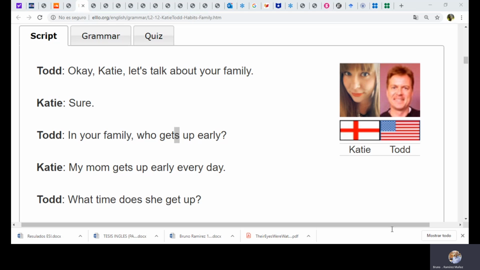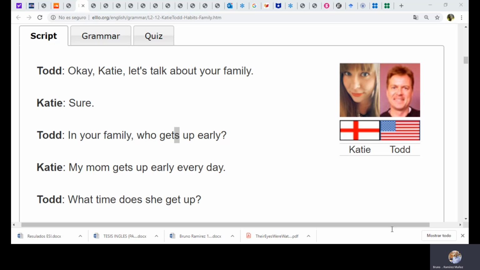Then the next thing we're going to be doing is listen, pause, and repeat the dialogue. This is also an individual activity that I want you to do.